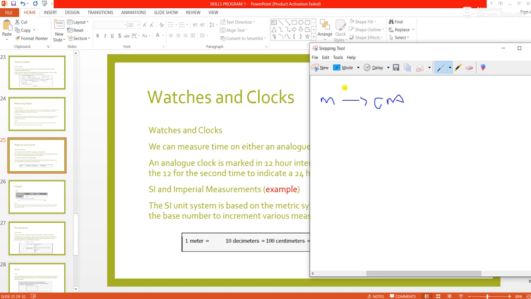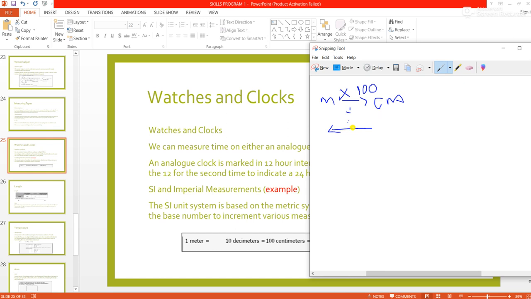We know the formula for it: we need to times by 100 in order to move from meter to centimeter. Vice versa, if you want to convert from centimeter to meter, we need to divide by 100.